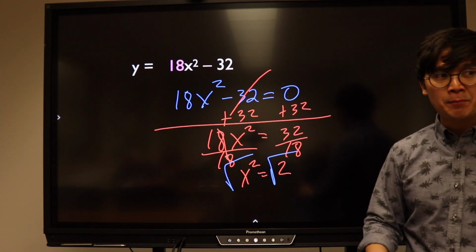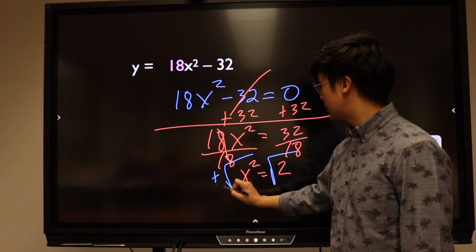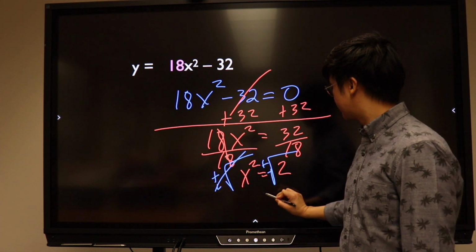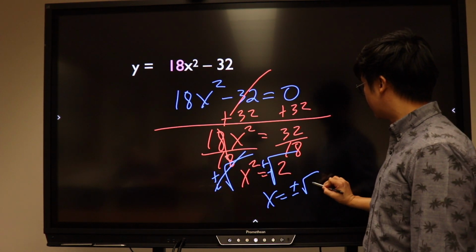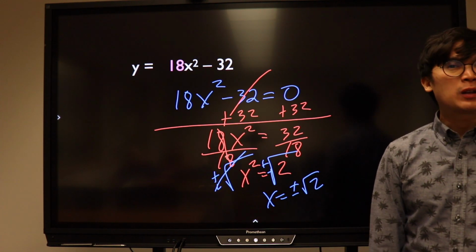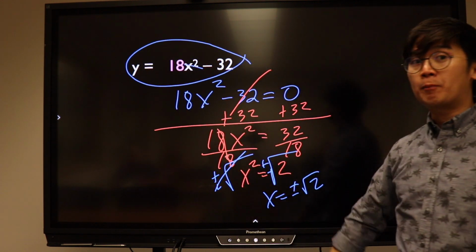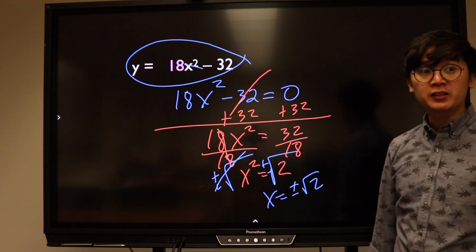Am I missing any symbols that I need to include in my answer? Plus or minus. And do you have a square root of 2? No, it's probably 1 point something, right? So this one is a parabola opening upwards, and the solution is plus or minus square root of 2.